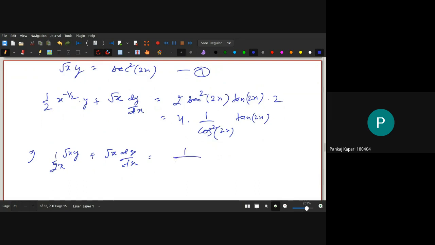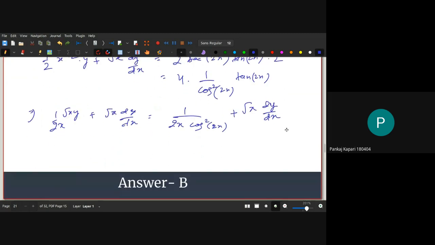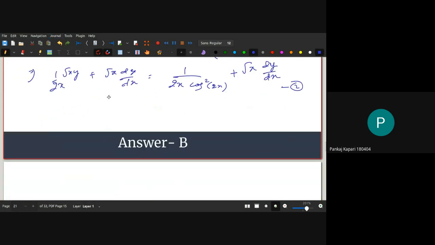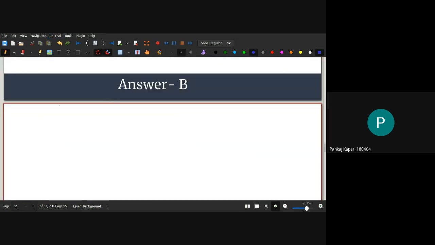Okay, so we have 1 over 2x cos square of 2x plus root x into dy over dx. Okay, so now from the first two equations, these two equations, what do we have? Because they are equal. So 1 and 2 imply that.